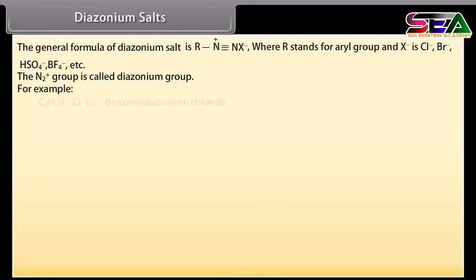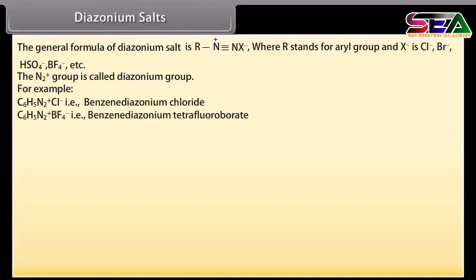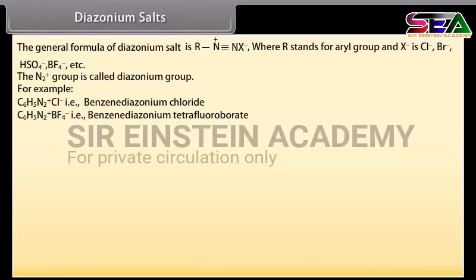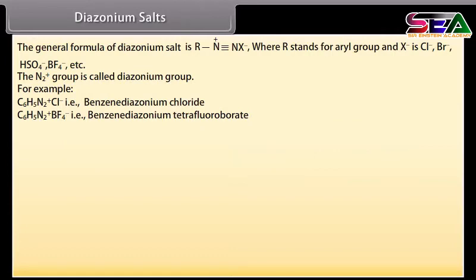For example, C6H5N2+ Cl-, that is benzene diazonium chloride. C6H5N2+ BF4-, that is benzene diazonium tetrafluoroborate.